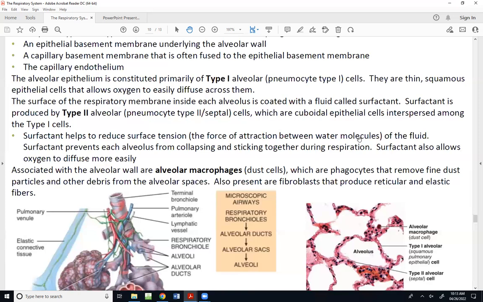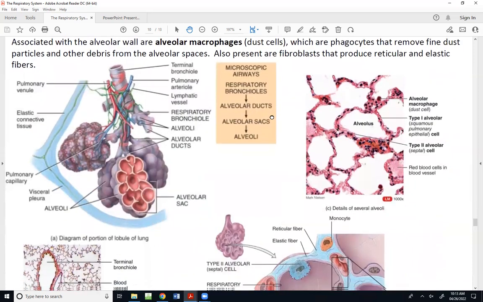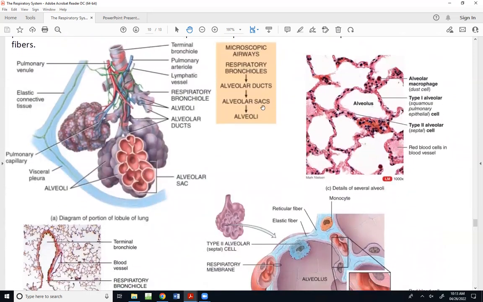Surface tension is the force of attraction between water molecules. It also helps prevent the alveoli from collapsing and sticking together as we breathe in and out. And most importantly, it allows oxygen to diffuse more easily. Okay. So that surfactant is very, very important, and it's produced by the type 2 cells.